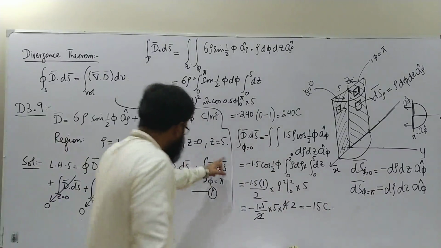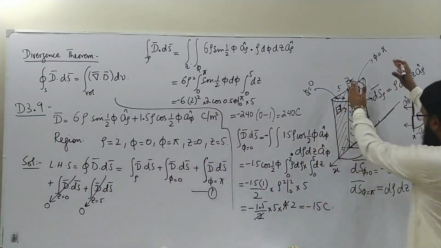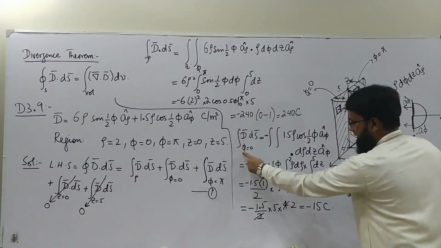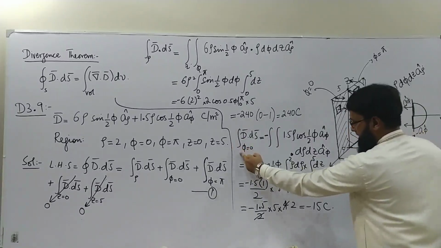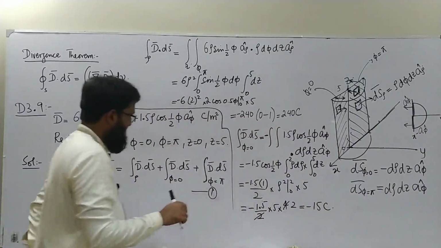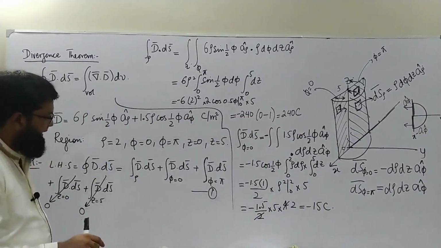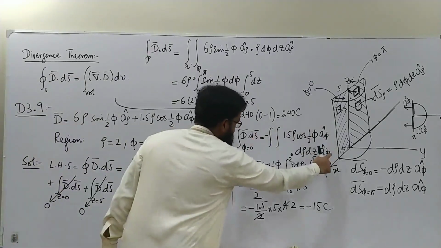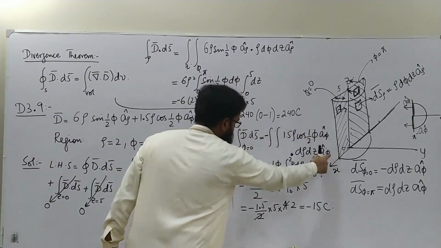Now for the third integral, we'll do the same thing. We'll start from here. Instead of phi equals 0, we'll write phi equals pi. The rest of the thing will be the same here.